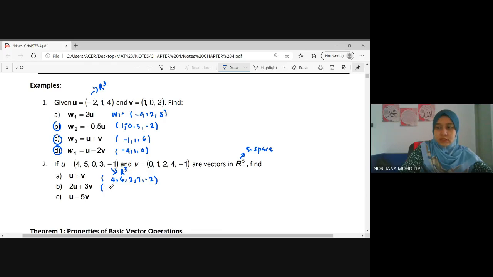Okay, b, you multiply the scalar: vector u with 2 and vector v with scalar 3. So we get 8, 13, 6, 18, negative 5.